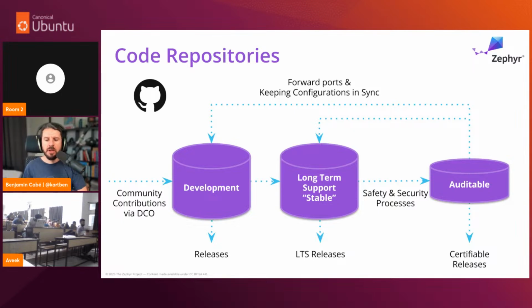on top of Zephyr. And so we do releases every 4 months, but similar to Ubuntu and others, every other year we would create long-term support releases that are meant to be supported for at least 2 years, right?